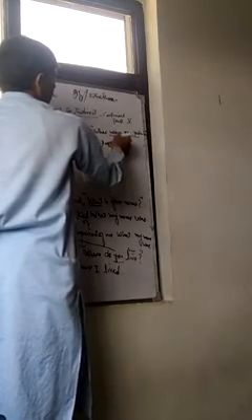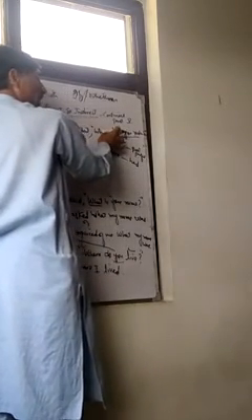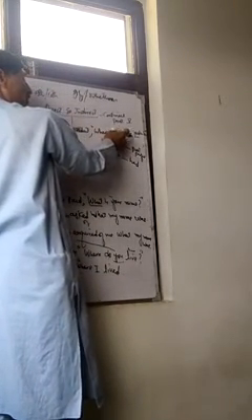Past simple, as I had already told you, changes into past perfect, dear students. The past simple must change into past perfect, so we use had with the third form. The second form, which is used in reported speech, becomes had with the third form.